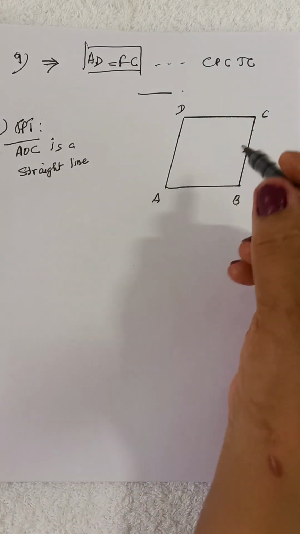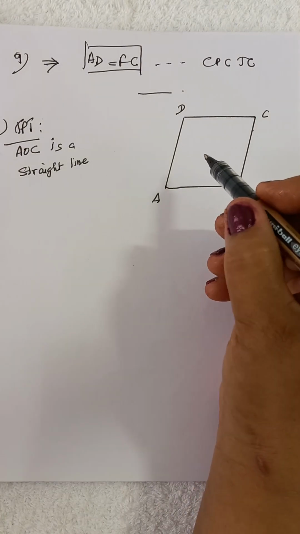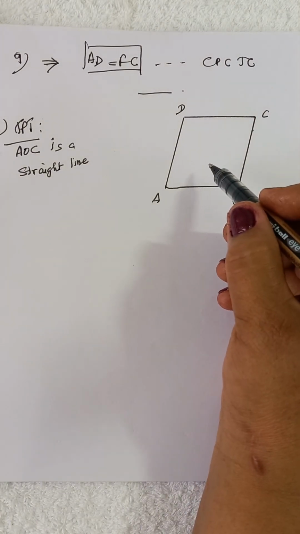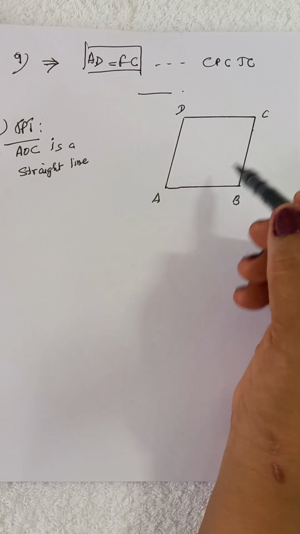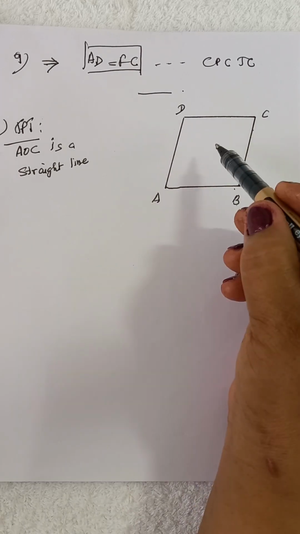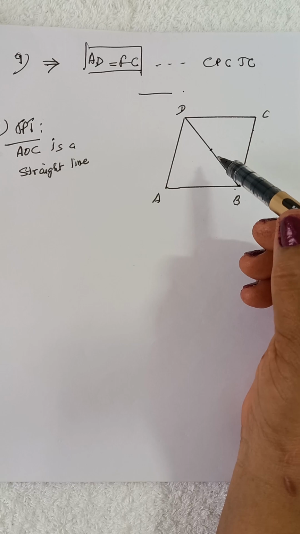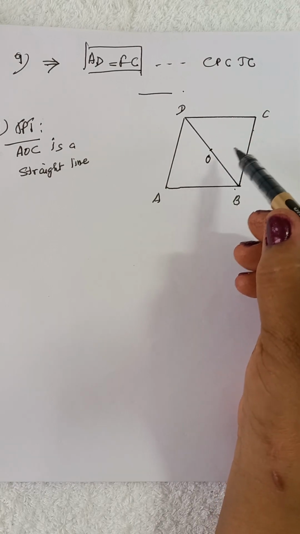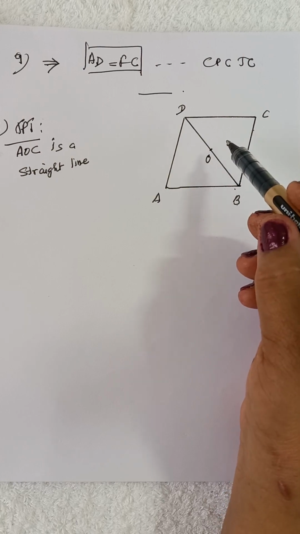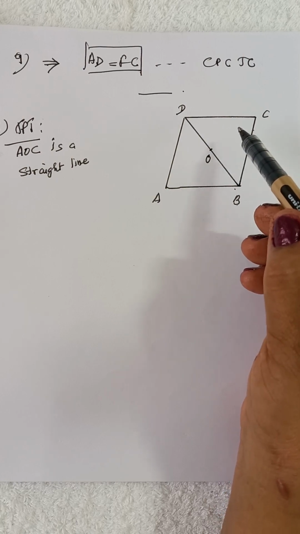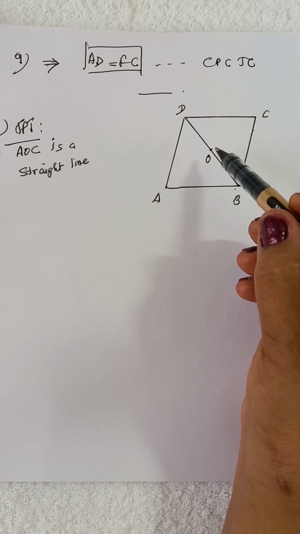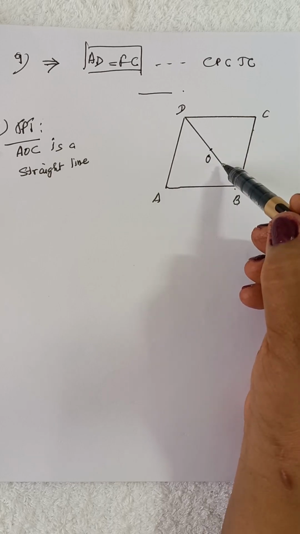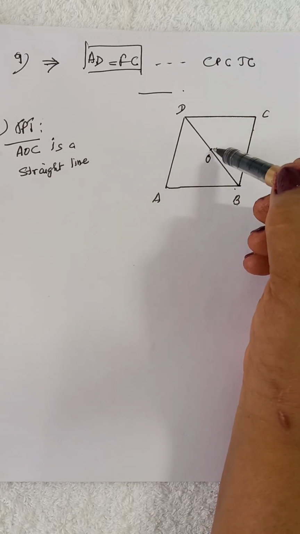So we will take a point O inside the rhombus such that its distance from the vertices B and D are equal. So this diagonal BD, as in the question, we have to take a point O inside the rhombus ABCD such that its distance from the vertices B and D are equal. These two are equal. Show that AOC is a straight line.